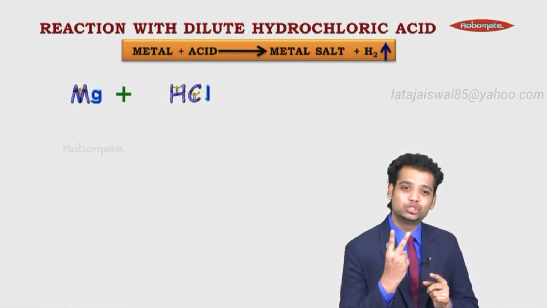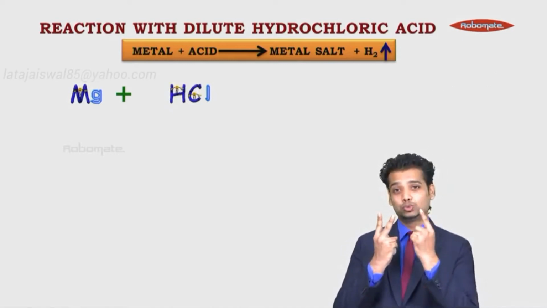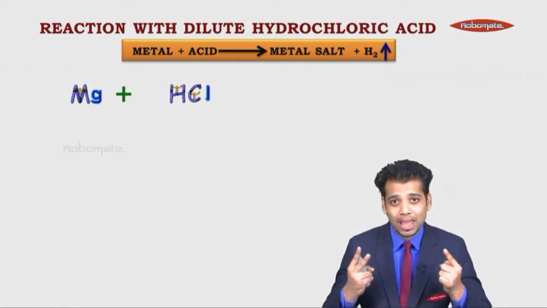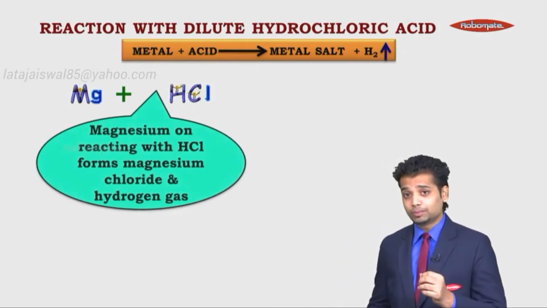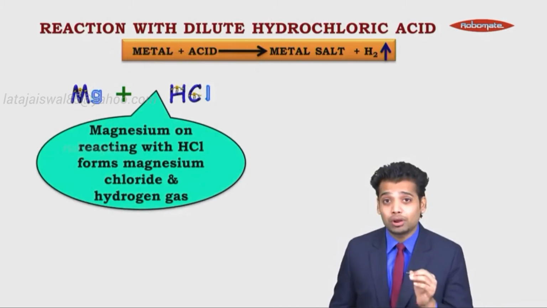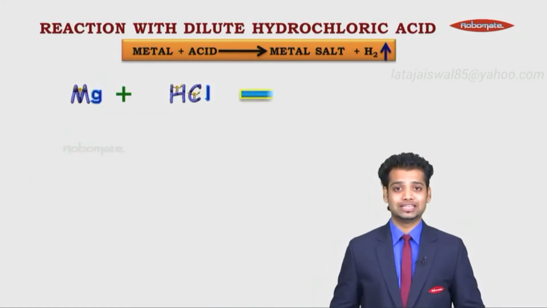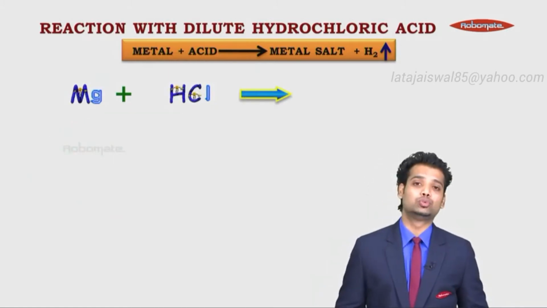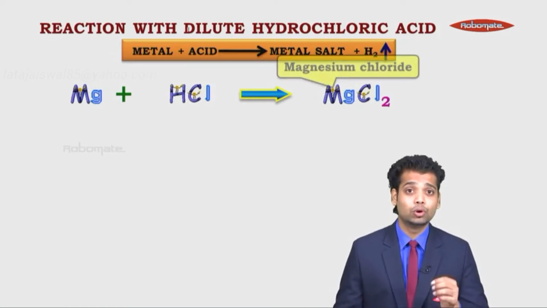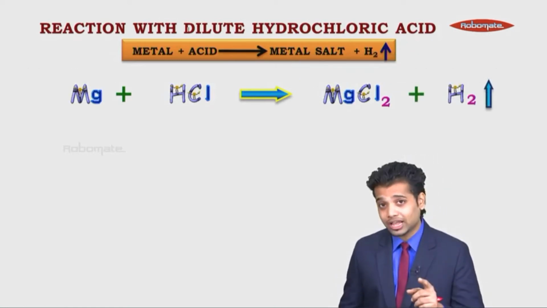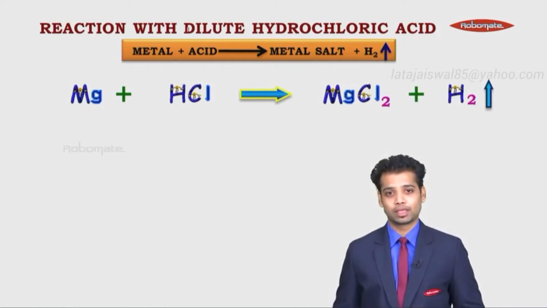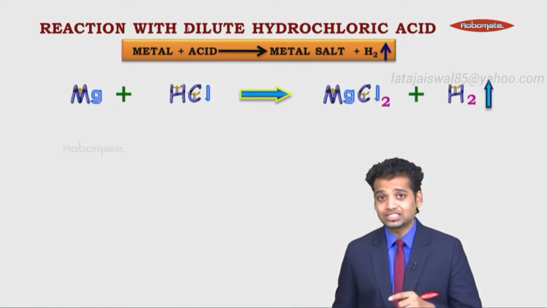Mg's valency is 2, Cl's valency is 1. It is going to form MgCl2 plus H2. This H2 does not catch fire in the case of magnesium. Now this reaction is not balanced.